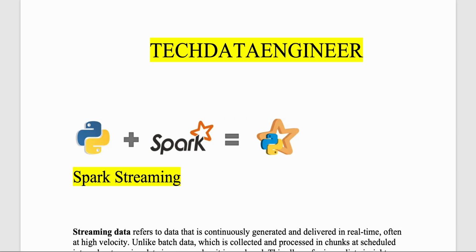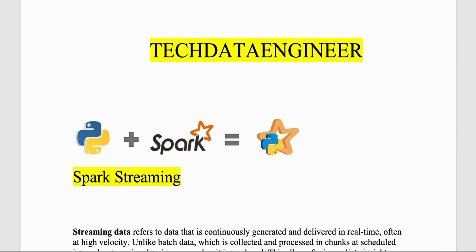Earlier, most companies worked on batch data, where they had the data in some DB like Postgres, or S3, object storage, a data lake or data warehouse, and based on some transformations and different logic, they were either transforming or migrating data from one place to another in batch mode.